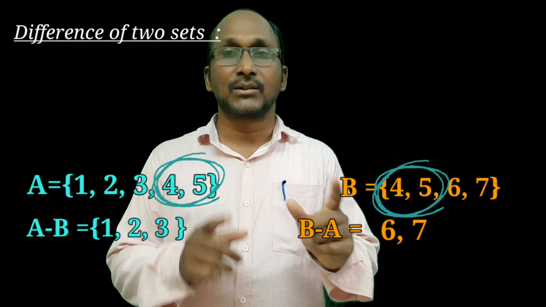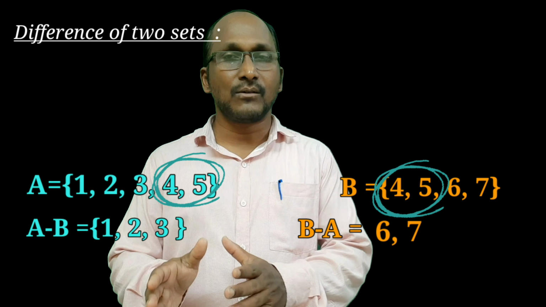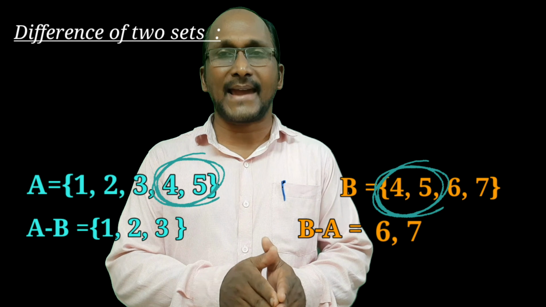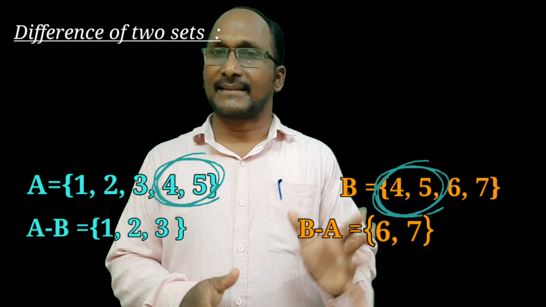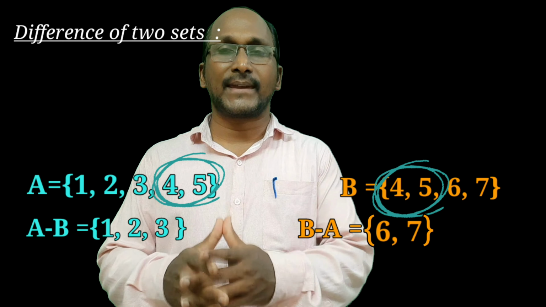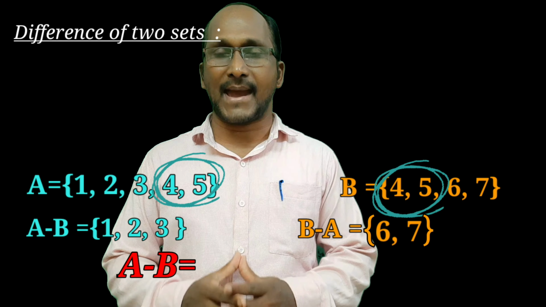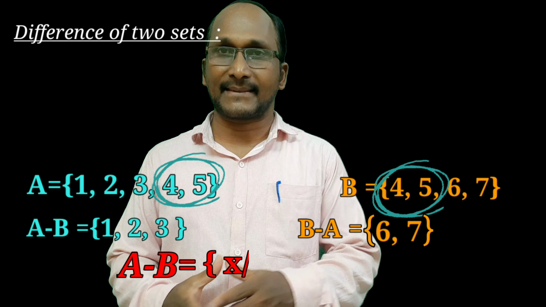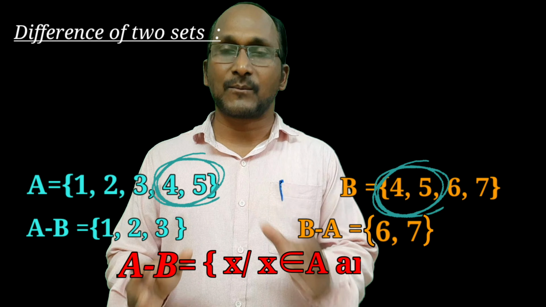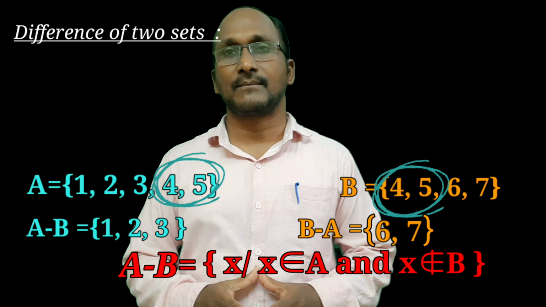Those elements do not belong to second set A in this case. So B minus A can be defined as set of 6, 7. So from this example, we can describe the set A minus B in the set builder form as set of X such that X belongs to A and X does not belong to B.